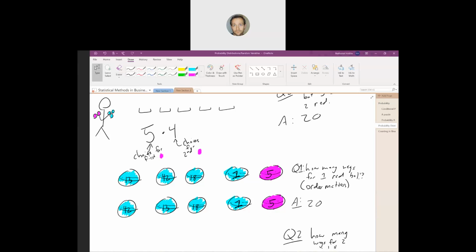Because there are 5 balls and 4 of them can change their orders. So you multiply these two numbers and that's where you get 20 from?